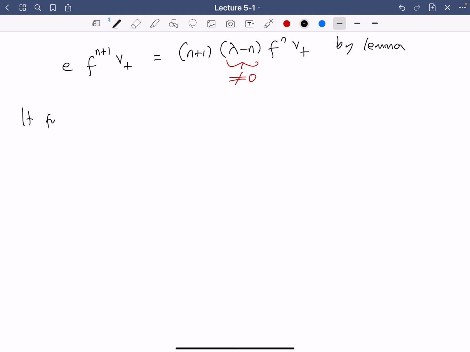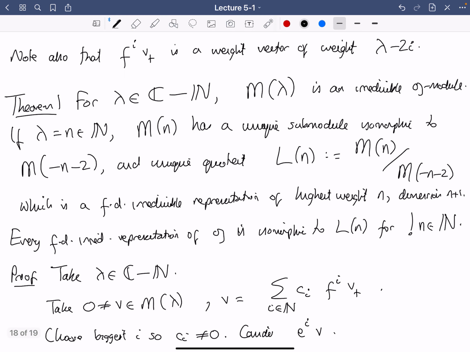And so from this, it follows that e to the i v that I was considering before, right? So e is trying to pull you back up again, and you never get 0 until you get to v plus, when of course e v plus is 0. But e of everything lower down raises it higher and higher. And since I'm applying this maximal power of e, it'll pop off all of these f to the j v pluses for j smaller than i, they'll pop off the top.